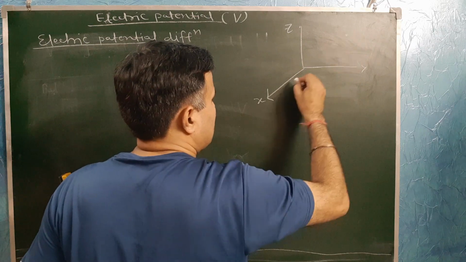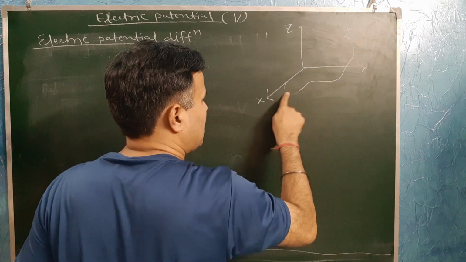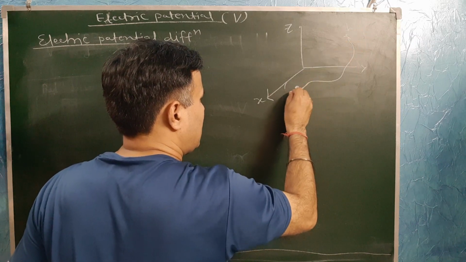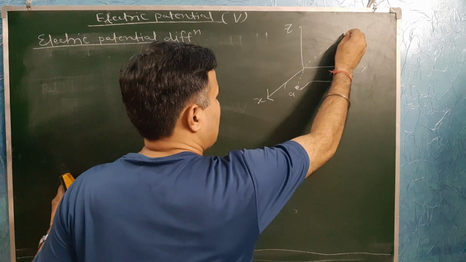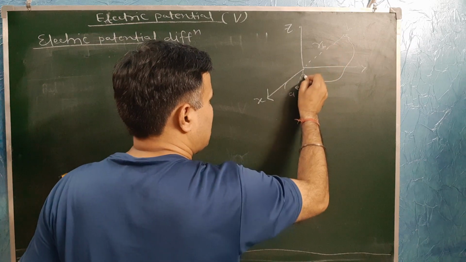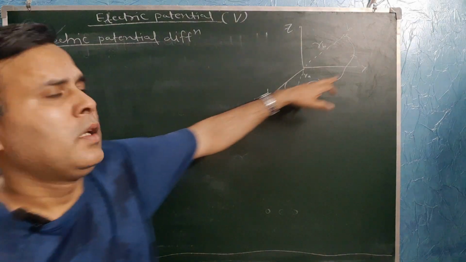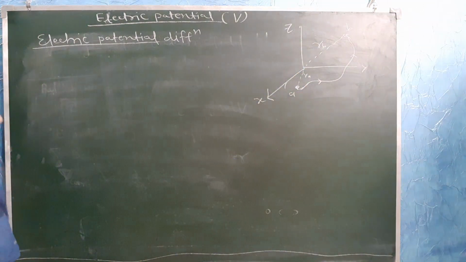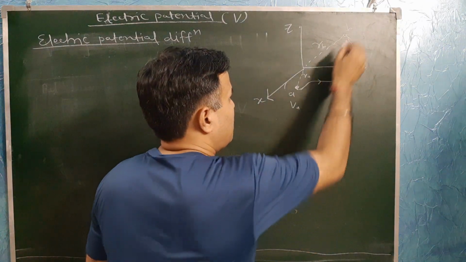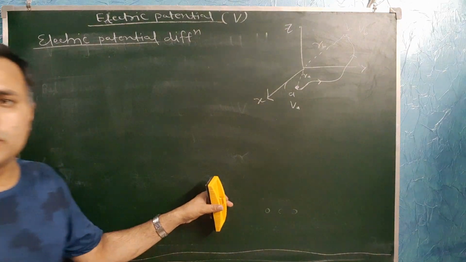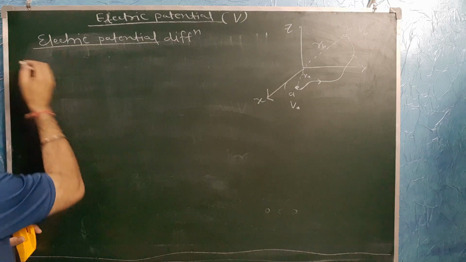Let's say this is point B and this is point A, and the distances of these points are RB and RA, and this is the path. So this is simply the line integral. The potential at point A is VA and the potential at point B is VB. The difference of potential is known as the electric potential difference.